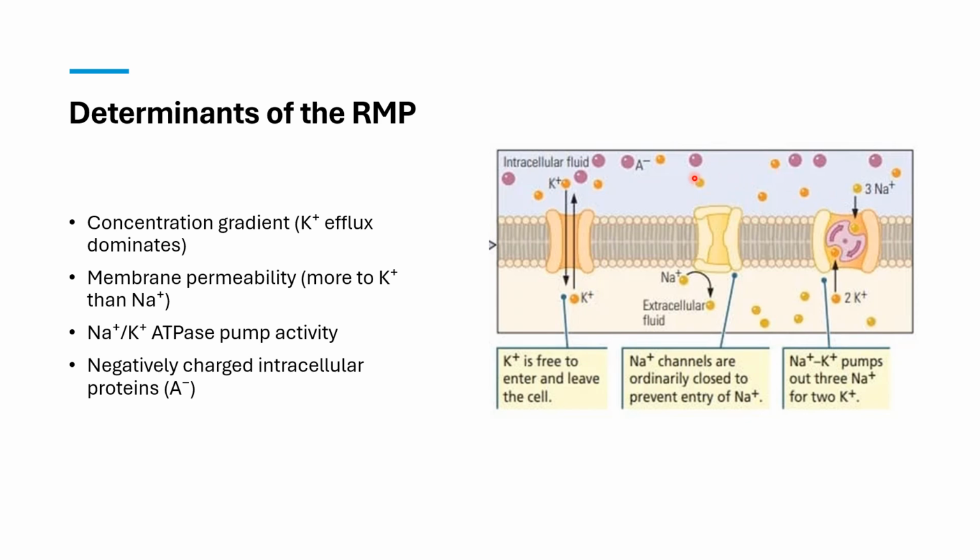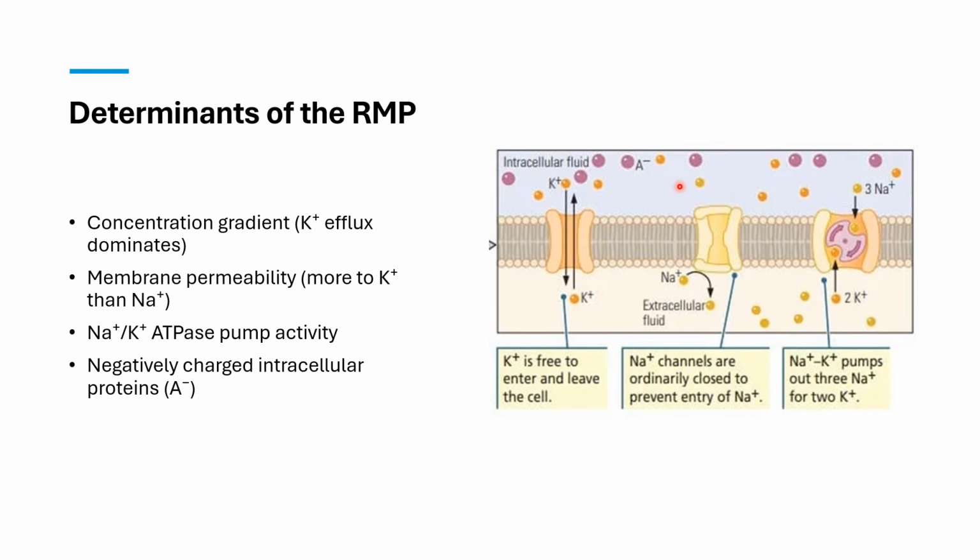Because of this steep gradient, potassium tends to diffuse out through the leak channels, from intracellular to extracellular fluid. Now, this outward movement of positive charge leaves the inside increasingly negative, and this potassium efflux is the dominant force shaping the resting membrane potential.